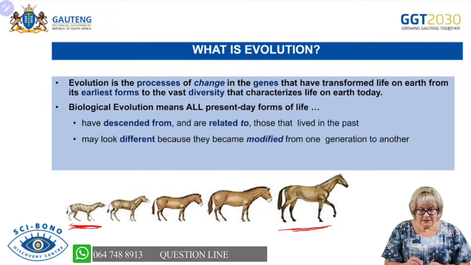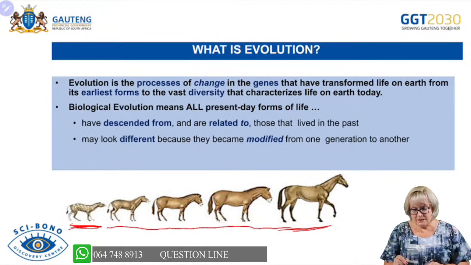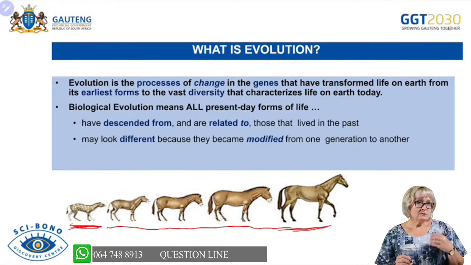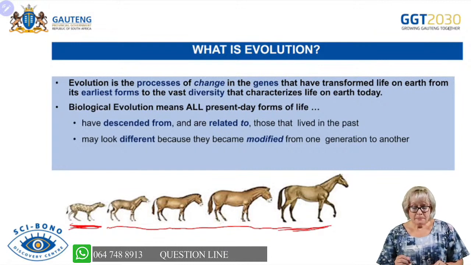And can you see there was a change over millions of years? That is why we are saying evolution is the change that is happening in organisms over millions of years. Yes, sometimes it does happen very fast, so that what we have today is looking different from what was existing millions of years ago.